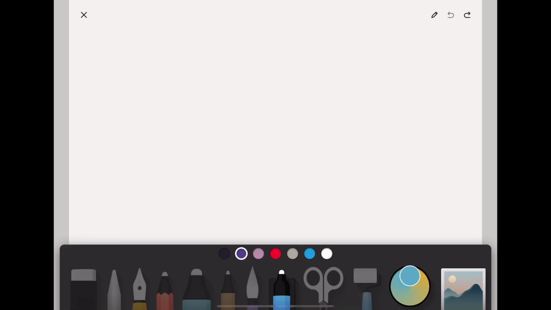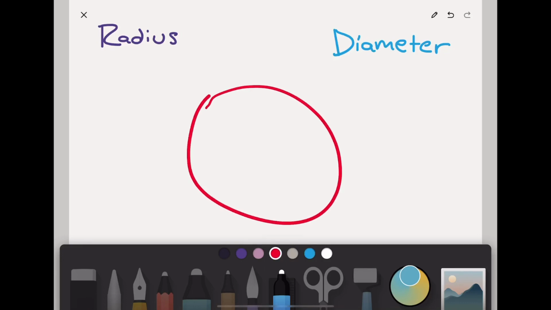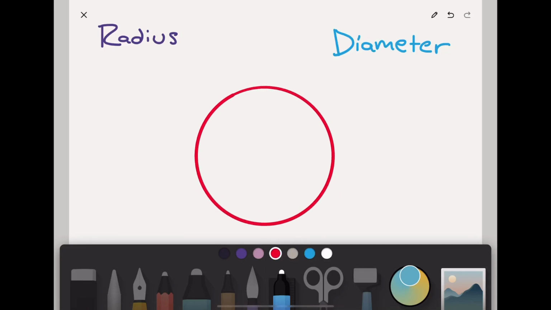We were talking about two things: radius and diameter. And they both have to do with circles. Here's our circle. A radius is simply every point on the edge of the circle as it relates to the center.